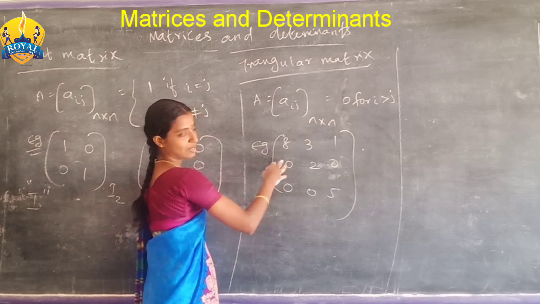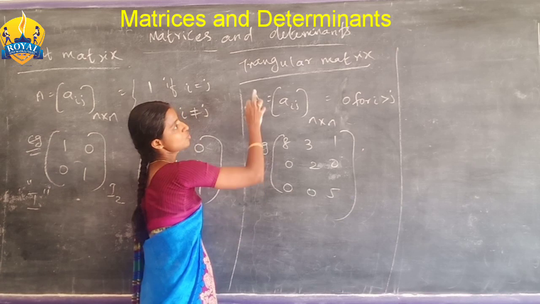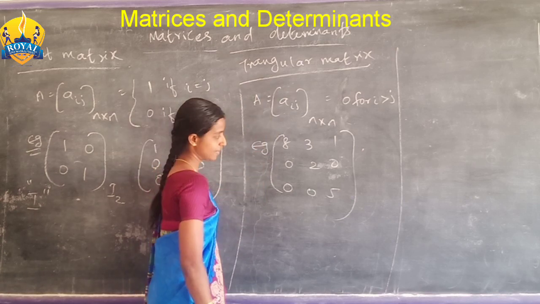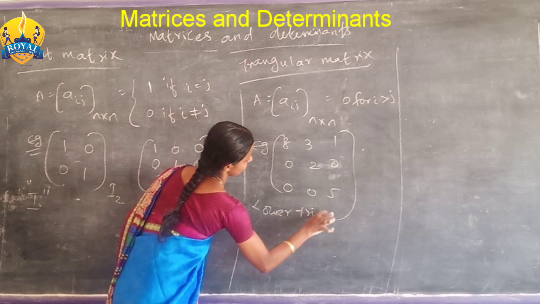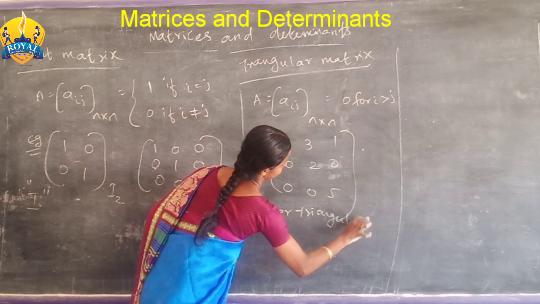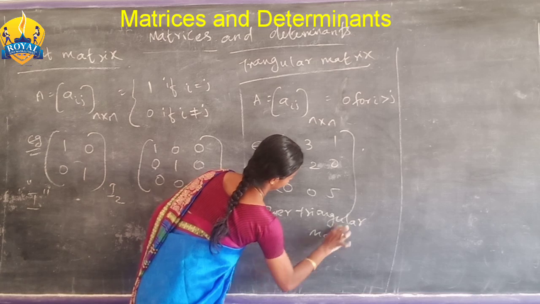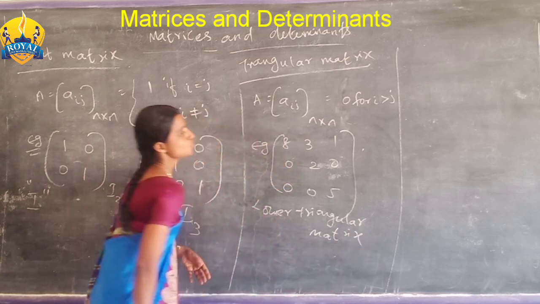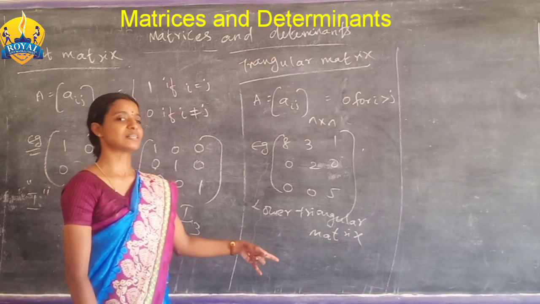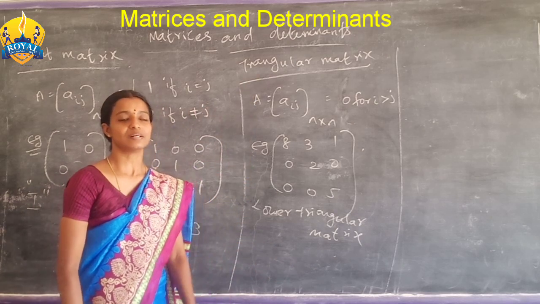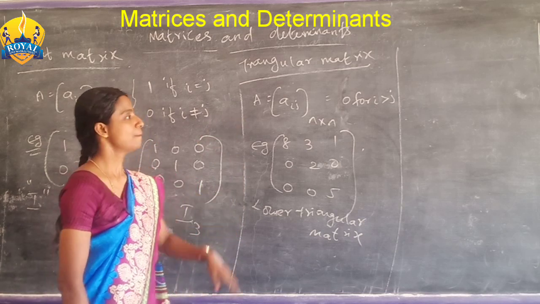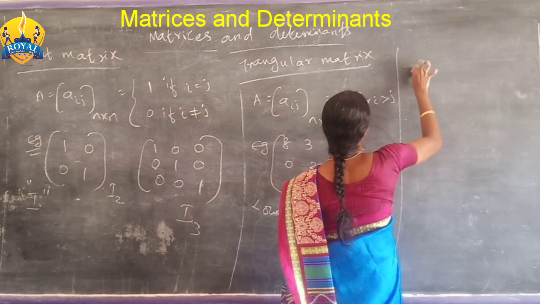Elements below the main diagonal fully will be 0. That is called an upper triangular matrix. Now what is a lower triangular matrix? A lower triangular matrix is nothing but you will have zeros above the main diagonal.